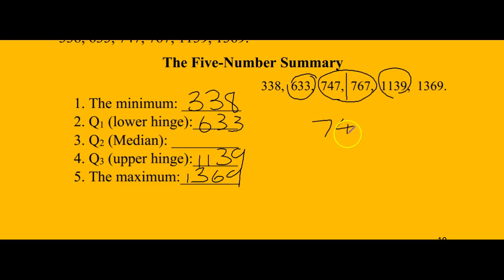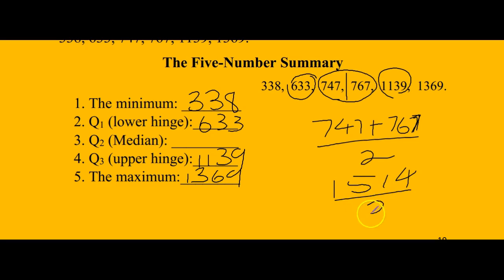So we do 547 plus 767, and then we divide by 2, just like the midpoint of those 2 numbers. If we add these, we get 1514. Then we divide by 2, we get 757. So 757 is the median, which is the middle quartile.